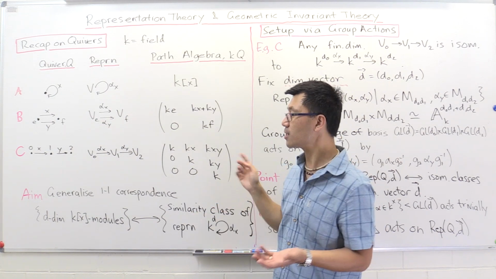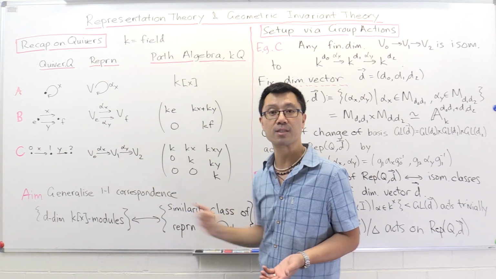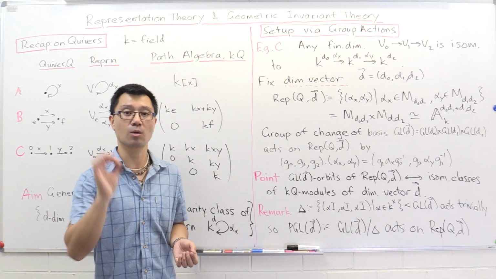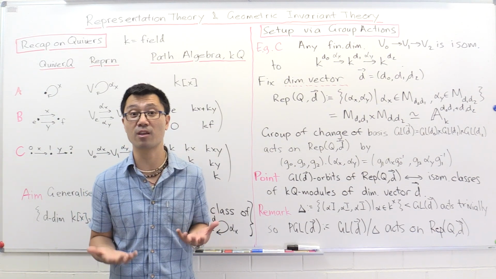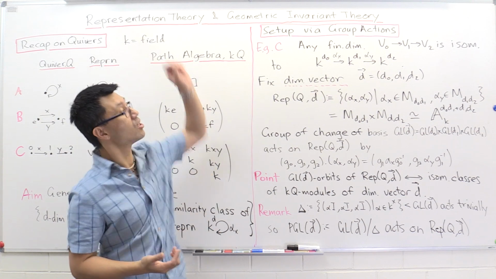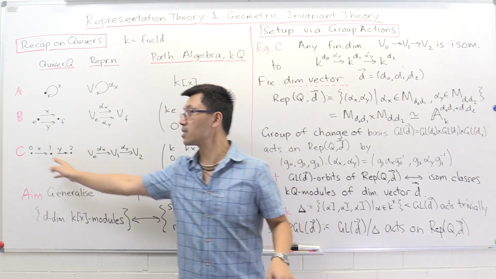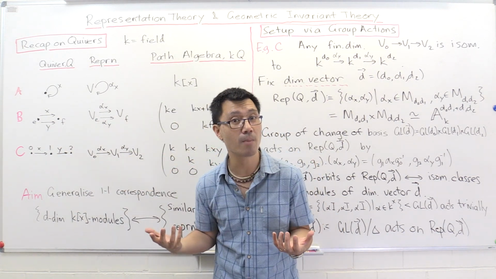It's simple to see how it works if you just look at an example, bearing this simple example in mind. The most important thing is that we're going to use group actions. We want to set up invariant theory and we need a group action for that. So let's see how that works. Suppose we're looking at this example C, we've got this quiver and a representation like that, and suppose it's finite dimensional.